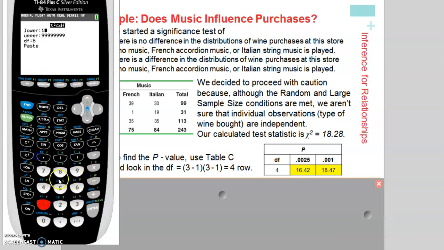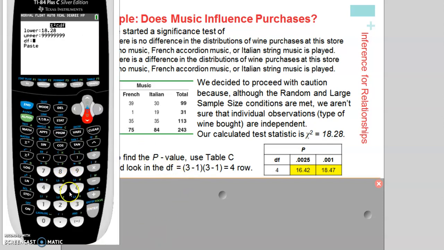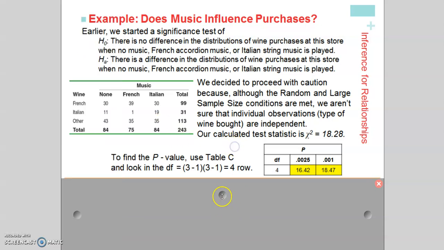The lower bound is 18.28, the upper bound is a very large number, and for degrees of freedom, the number of rows is 3 minus 1 times 3 minus 1. So our degrees of freedom is 2 times 2, which is 4. And then we find our p-value of 0.001.